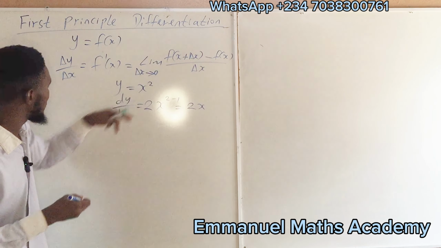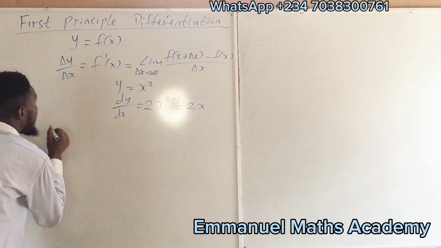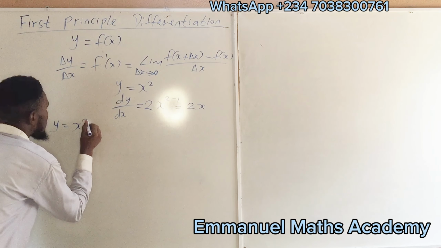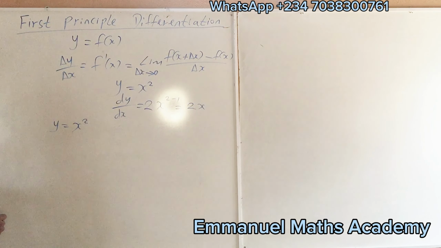Then if you're using the first principle method, using this definition, first of all, what we do here is what? We said that y is equal to x squared. What's the first thing you do?